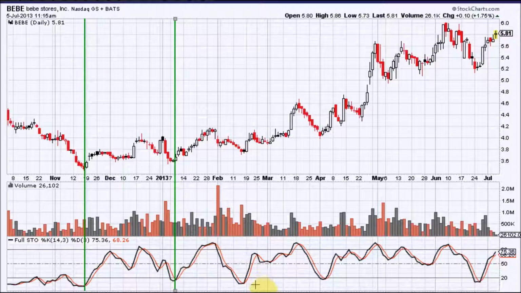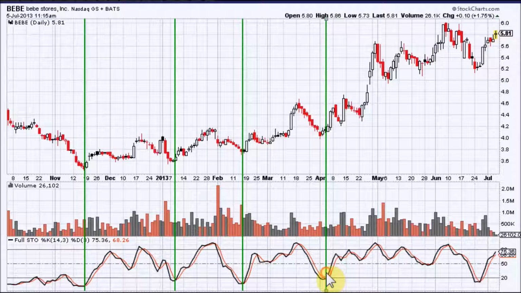Okay, it becomes overbought, falls all the way back down to well below 20, where stochastics crosses back up through the red signal line and then back up through the 20 line, and the stock price goes up. It becomes overbought again after a nice run, falls all the way to the 20 line, where stochastics crosses back up through the signal line, and another nice little uptrend happens.